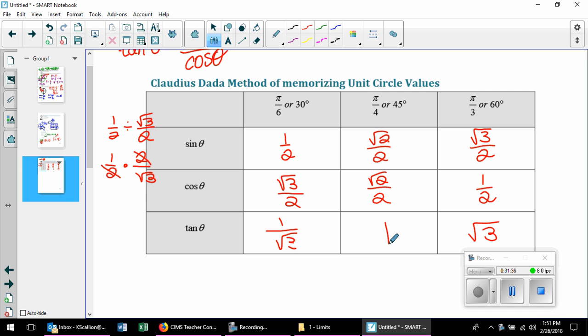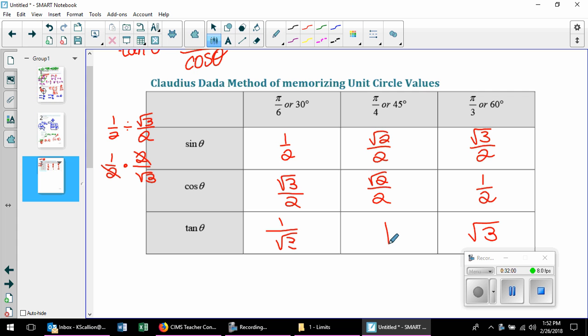Helpful, not helpful? I found this helpful, kind of just to remind me. Sine, 1, 2, 3; cos, 3, 2, 1; tangent, they always go in order: 1 over root 3, 1, and then root 3. They're in ascending order. So that's my little handy-dandy thing.